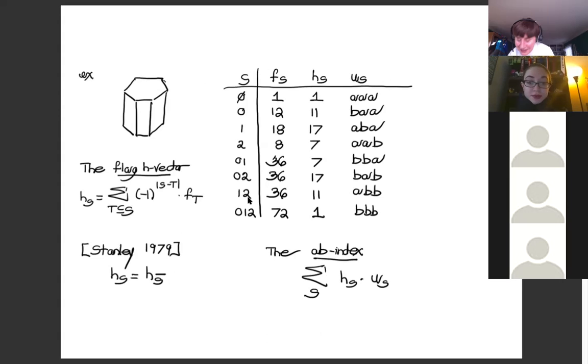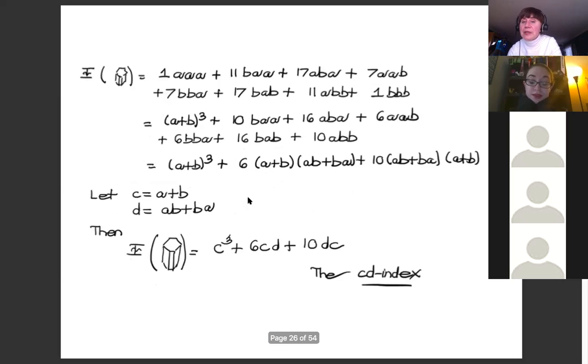That 18 is 17 plus 1. The 36 is going to be any H value that is a subset of 0, 1. So it's going to be H empty plus H0 plus H1 plus H01. So you can always go backwards so you don't lose any information.